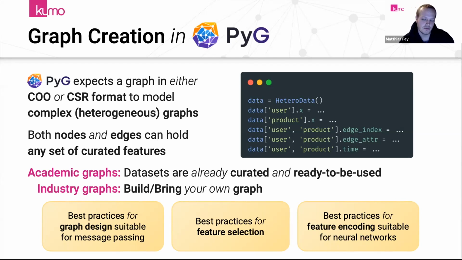And then the third most important step is that you actually need to encode these features: the raw data from these features should be converted into a format that is suitable to act as an input for neural networks. And that is usually a continuous format.